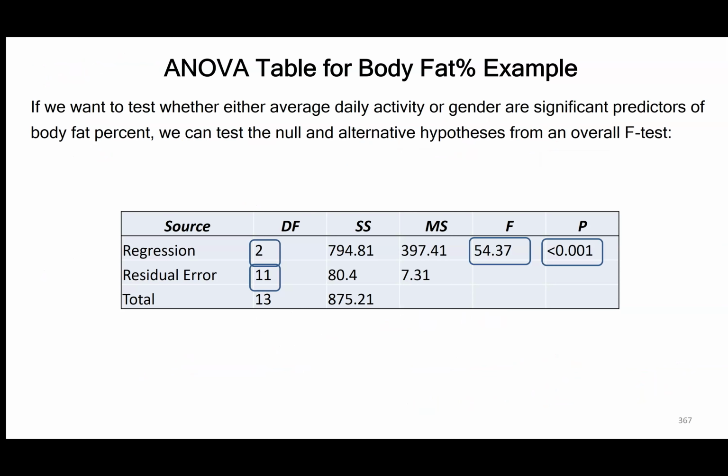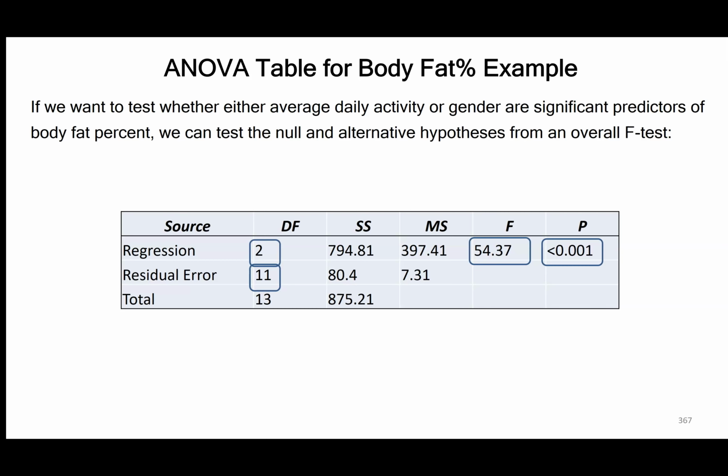So looking at the ANOVA table for this example, first off, we want to test, hey, is at least one of the two variables useful? Once we do, if we say yes, at least one of them is useful, we're going to follow up with, okay, well, which ones?